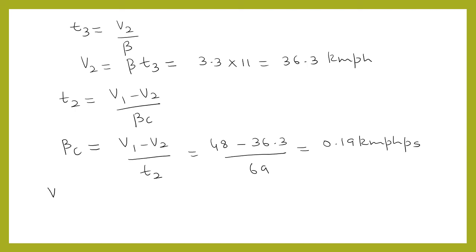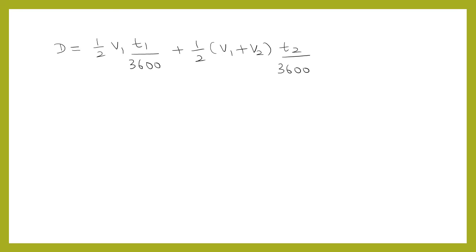Next, we have the schedule speed Vs equal to 3600 d by (t plus ts). The total distance traveled during the run d is equal to half V1 T1 by 3600 plus half (V1 plus V2) into T2 by 3600 plus half V2 T3 by 3600.